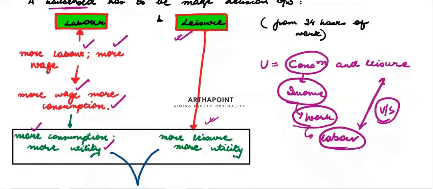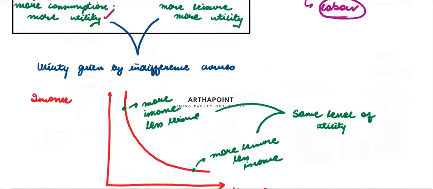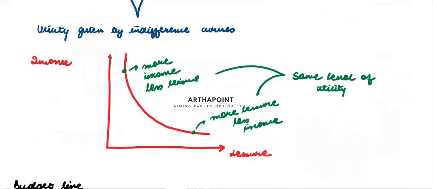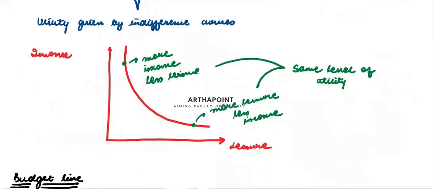This is the utility function of any household. So what I can do, I can take income on the y-axis, or I can take consumption. Let's keep this on: income or consumption on the y-axis and leisure on the x-axis.